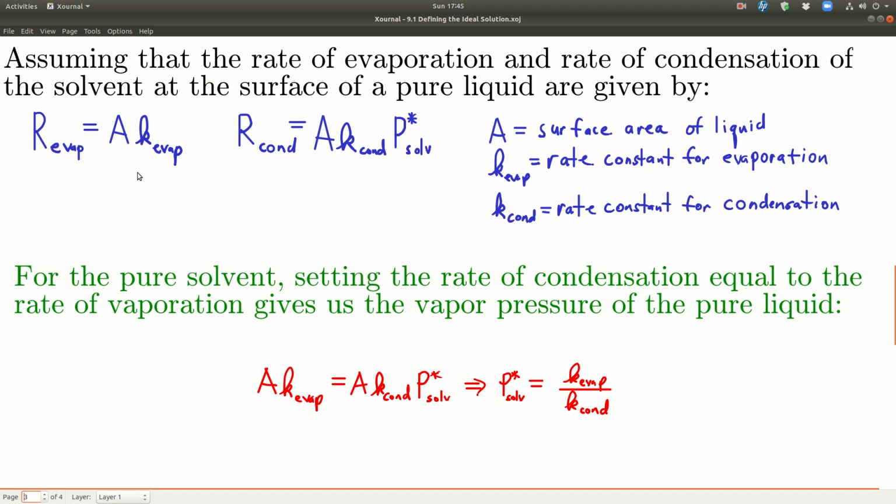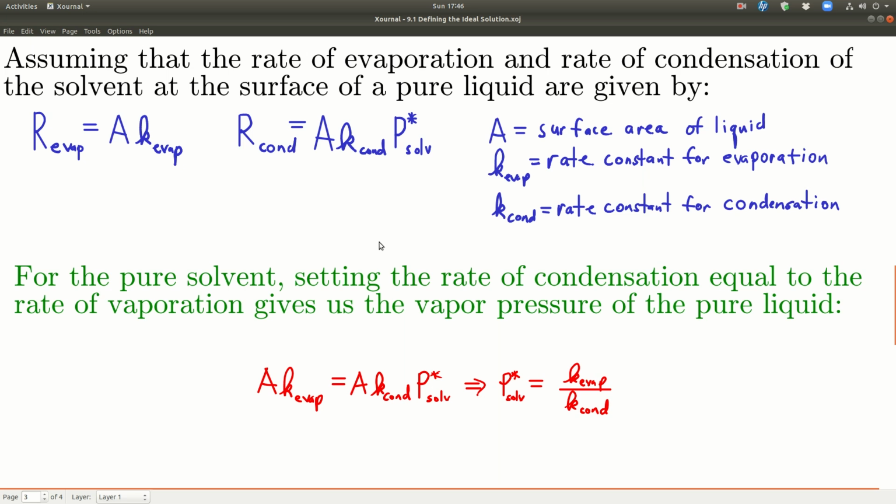So this is basically first order kinetics, right? Which makes sense because there's only one species involved. And the rate of condensation also makes sense to be proportional to the surface area. The larger the surface area, the more molecules will evaporate, times the rate constant for condensation, times the vapor pressure of the pure solvent. So this asterisk is going to mean pure substance, pure liquid.